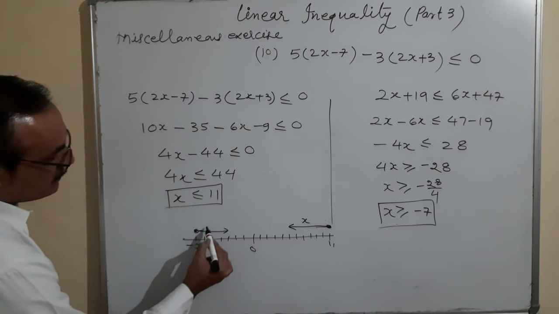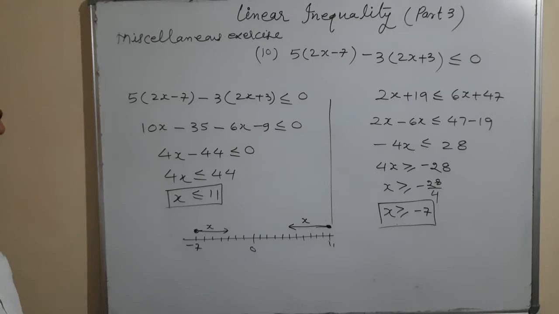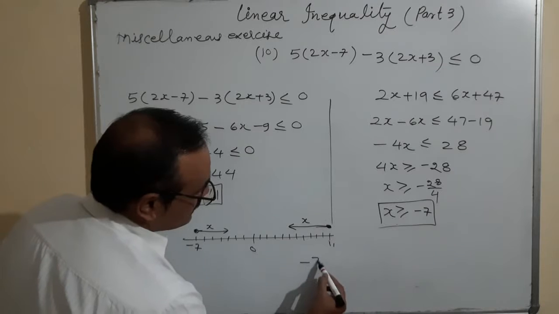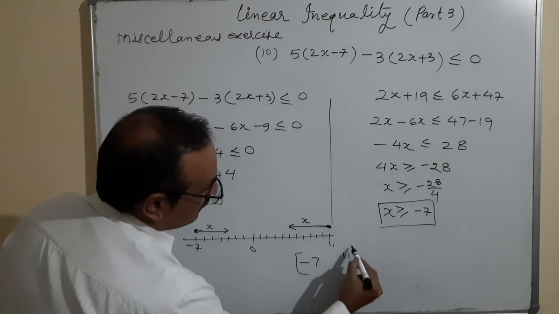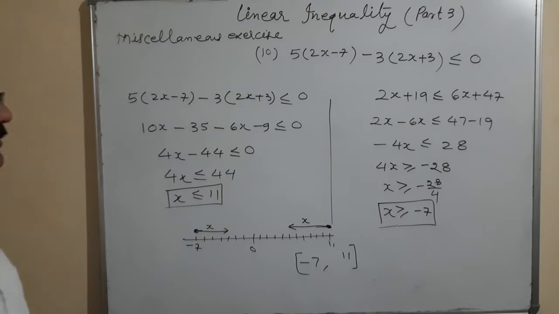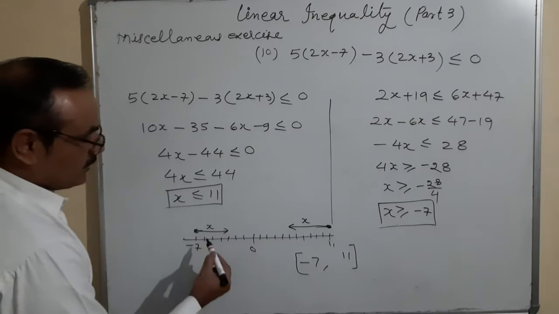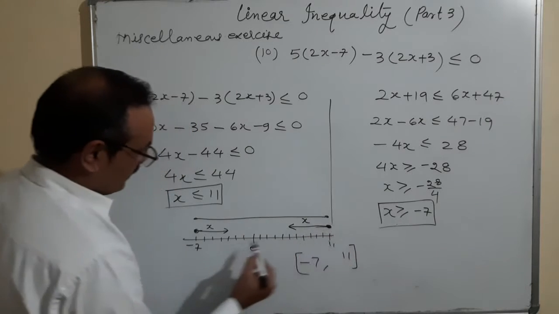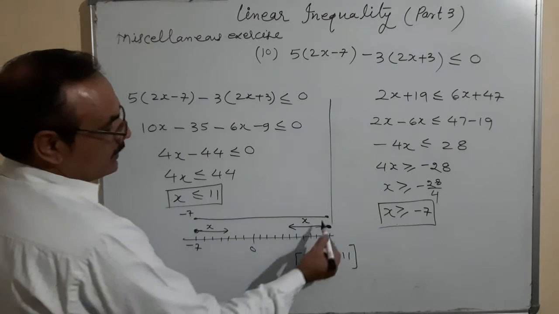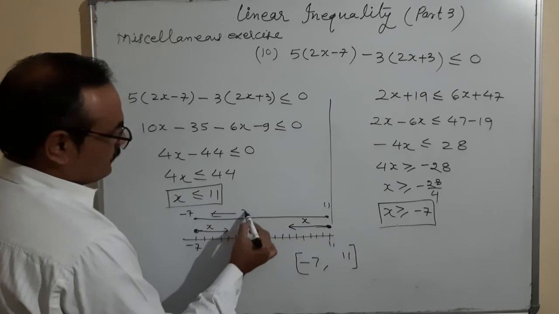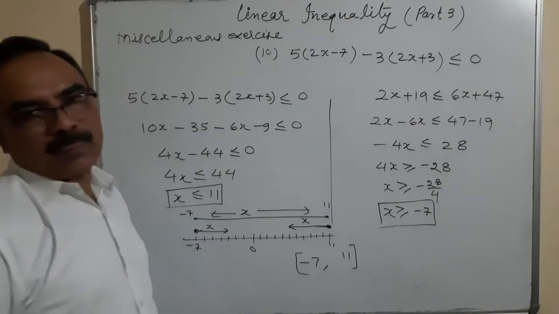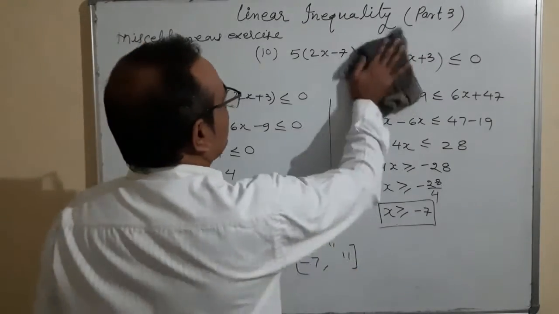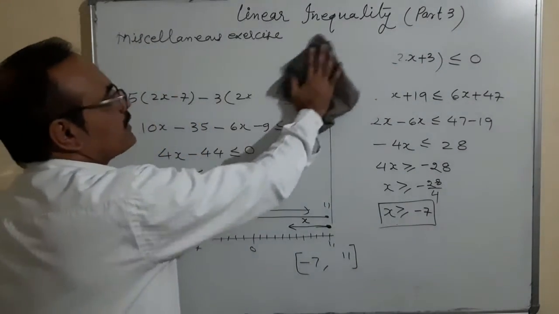So what is the range of x? Minus 7 to 11, both in a closed interval. This is the range of x. Okay, clear? That is the way by which we can find the range of x, or of any variable.